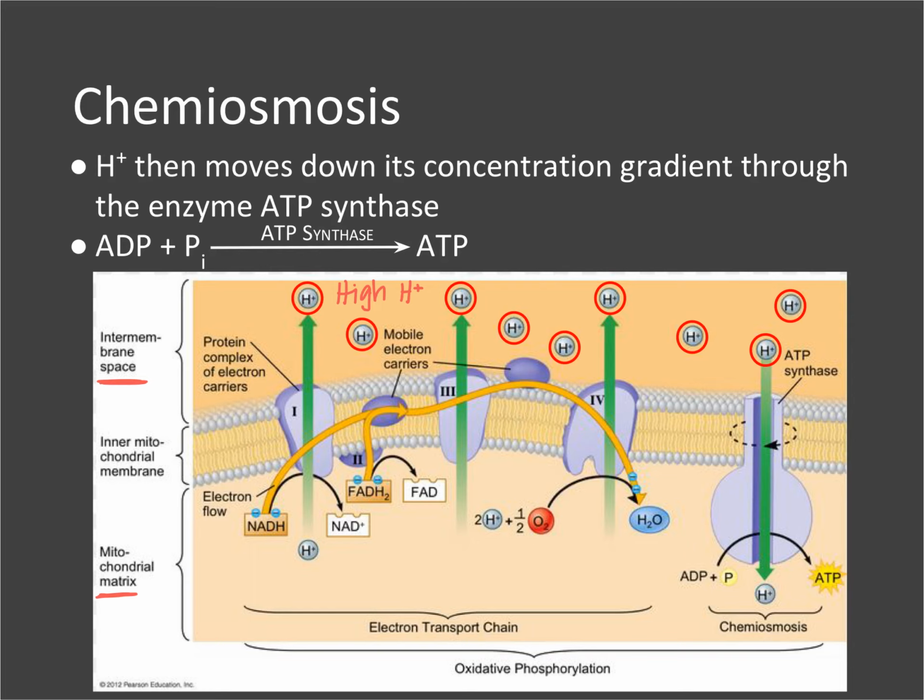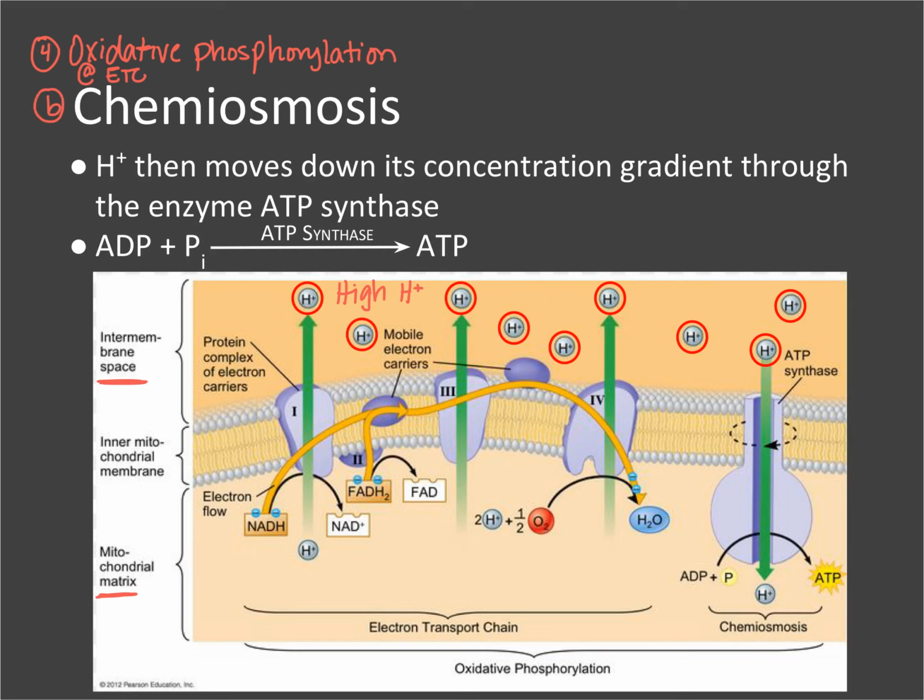This is the last step of aerobic respiration. Remember that our fourth overall step was oxidative phosphorylation. The first part of that was the electron transport chain, and now the second part is chemiosmosis.